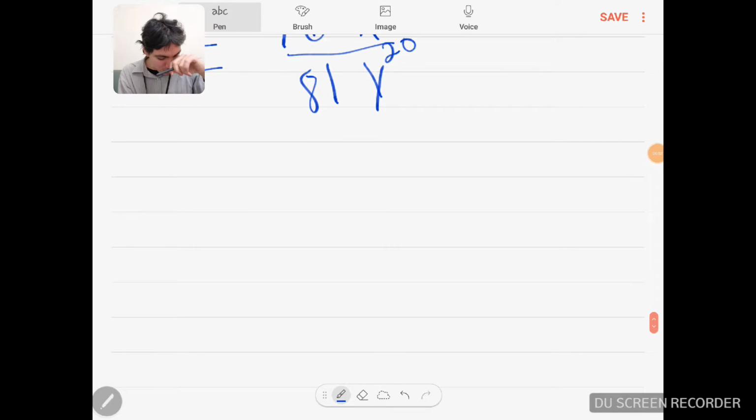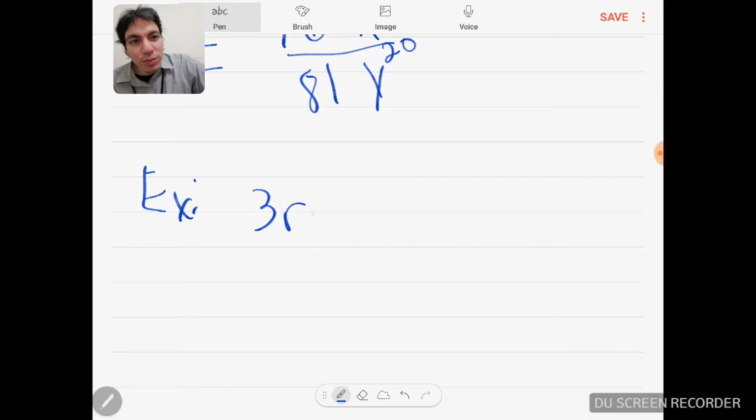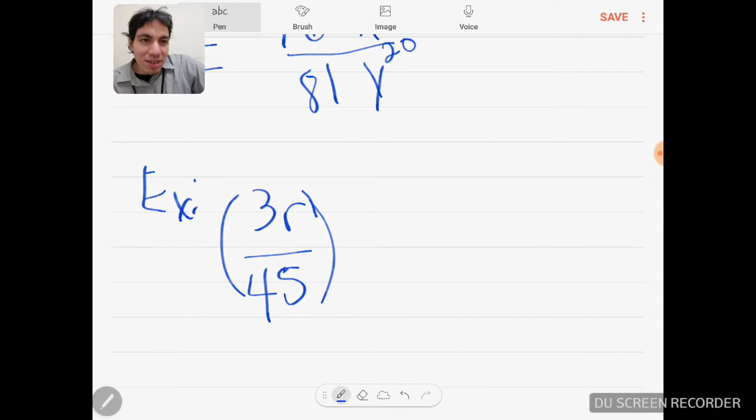Let's try another one. Let's say I had 3y over 4s. This is an s, not a 5. That's an s. I wasn't done.